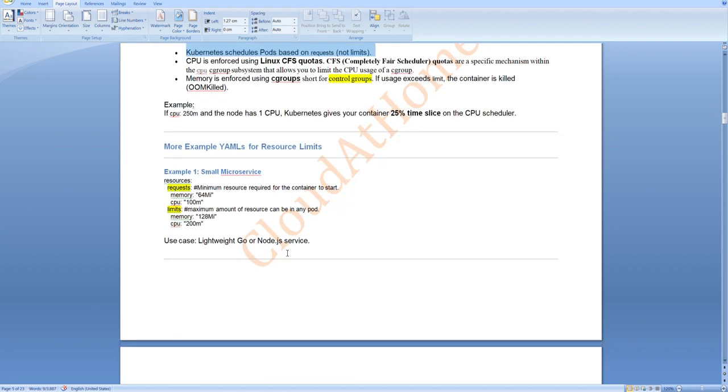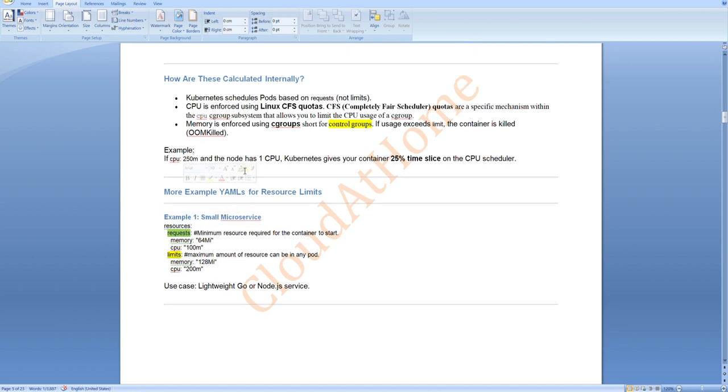Basically, if we go here, we can find it here itself. When we define the resource limits, there are two parts, right? Request and limit, and both will have CPU and memory. Whenever a pod is getting created, it will always be created based on the request.